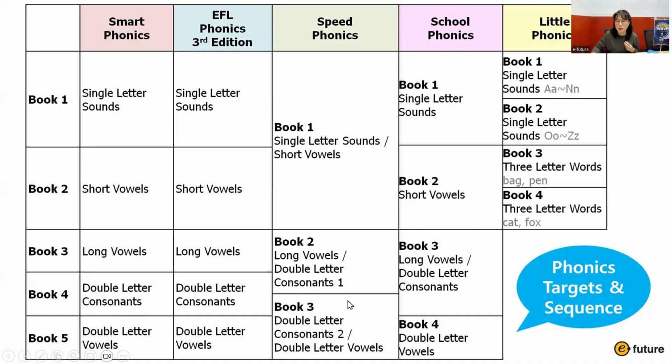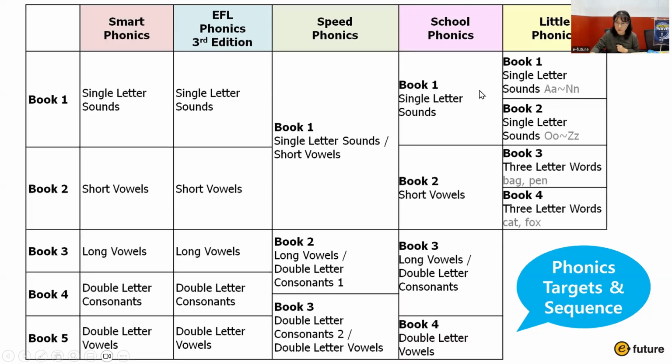So although there are 3 books, all the phonics targets are there, and we follow the same sequence. It's Speed Phonics because there are only 3 books. You can go faster. It's a fast track. If you are teaching older students who want to finish phonics as soon as possible, you can choose Speed Phonics.